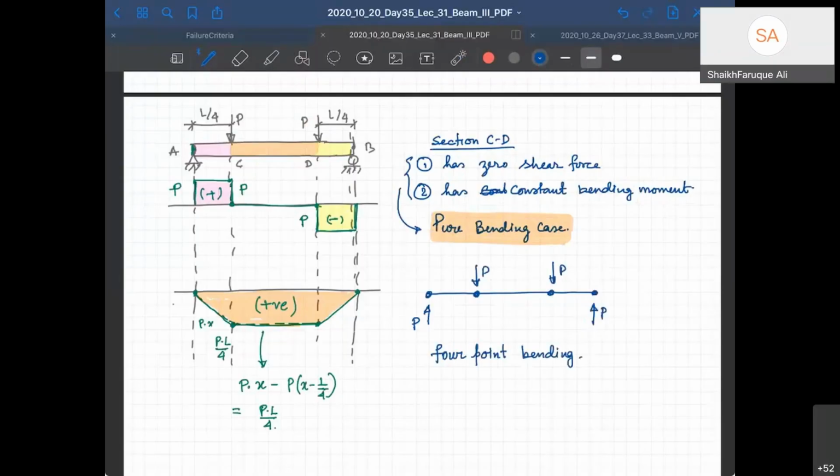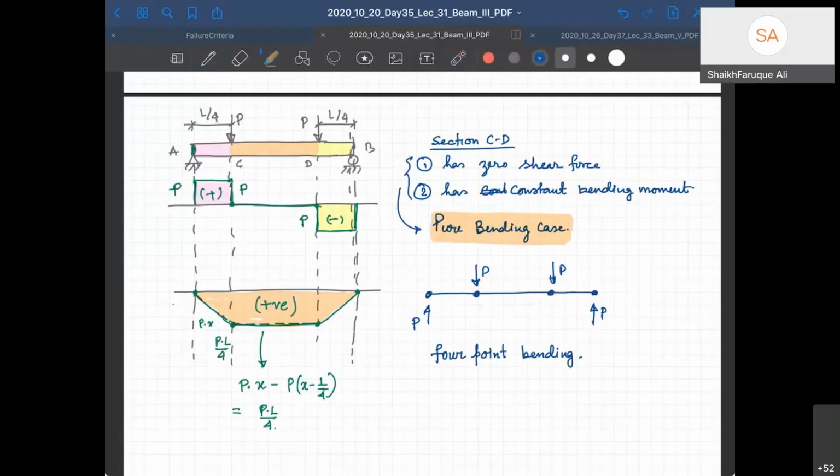So there is a test available for 4-point bending because this gives a constant moment. Whatever deflection we calculate, whatever stresses we find for beams, they are based on pure bending conditions, pure moment conditions, and therefore this is your pure bending portion, right?